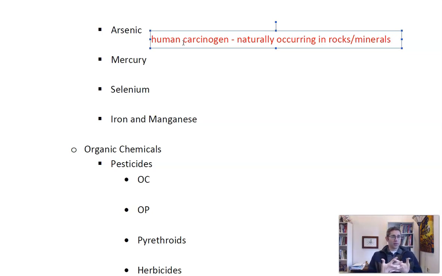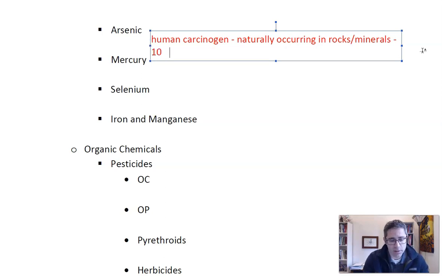It tends to be in groundwater, and then it's a human carcinogen. About 15, 20 years ago, the EPA lowered its MCL for arsenic to 10 parts per billion, or 10 micrograms per liter, which is very low and difficult for drinking water plants to achieve where arsenic is naturally occurring.